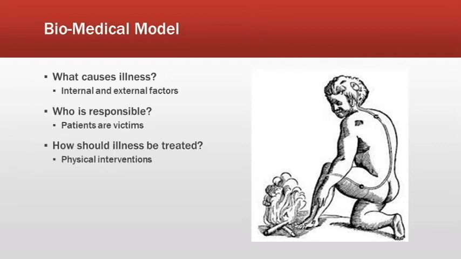So when we look at the relationship between the mind and the body, according to the biomedical model of medicine, the mind and body function independently of each other. And this is comparable to a traditional dualistic model of the mind-body split. From this perspective, the mind is capable of influencing physical matter, and the mind and body are defined as separate entities.